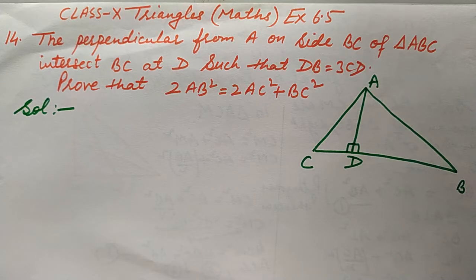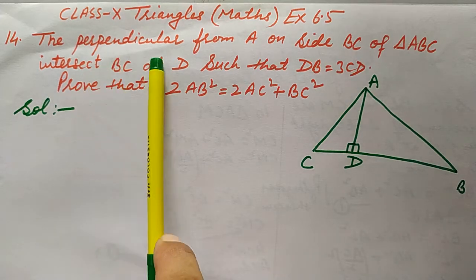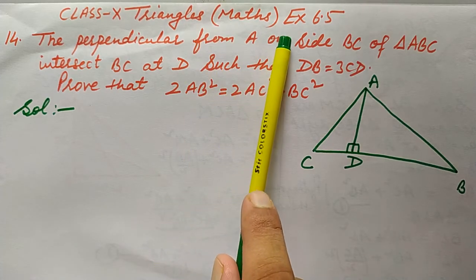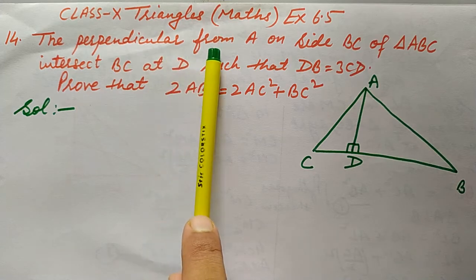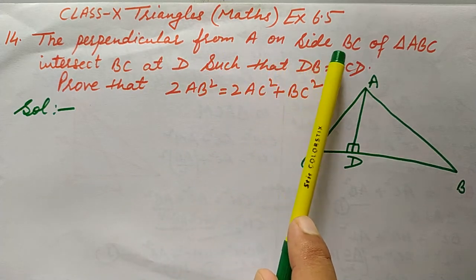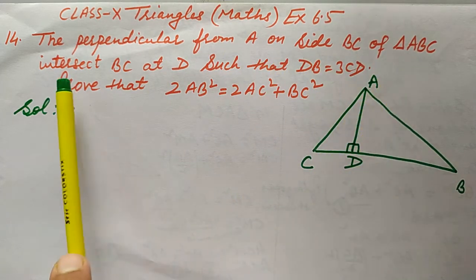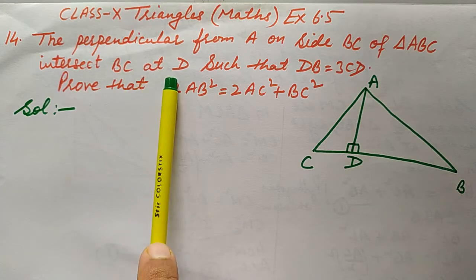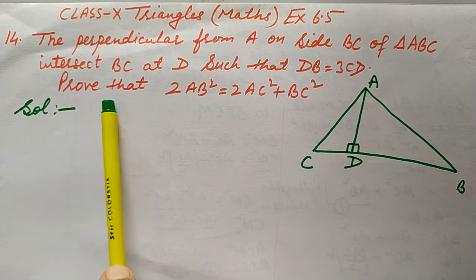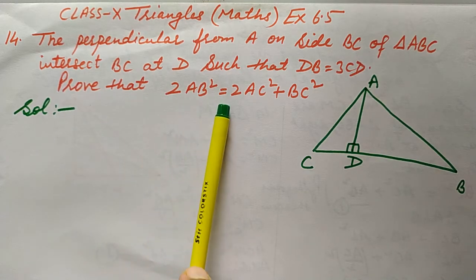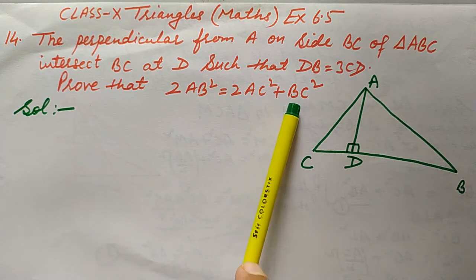Let's do this question, taken from class 10 triangles chapter, exercise 6.5. The question is: the perpendicular from A on side BC of triangle ABC intersects BC at D such that DB is 3CD. Prove that 2AB square is equal to 2AC square plus BC square.